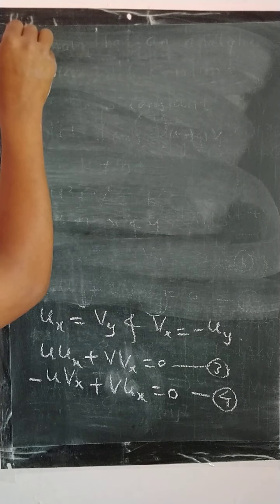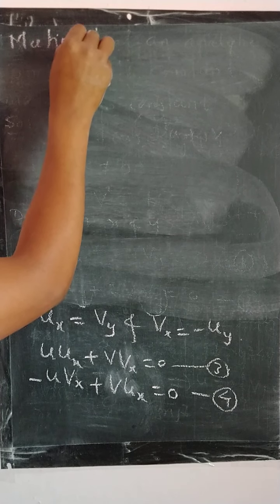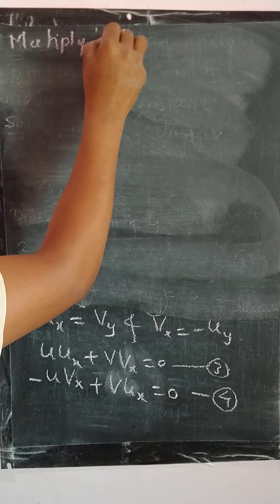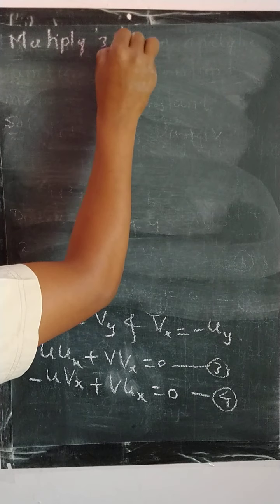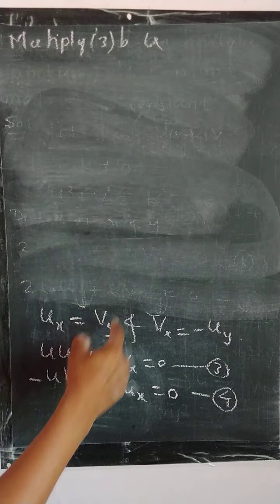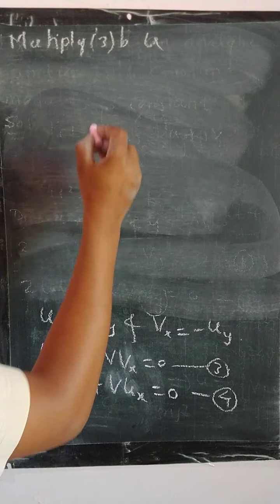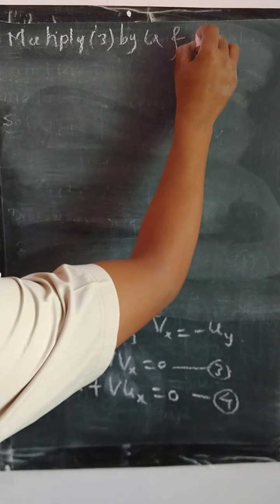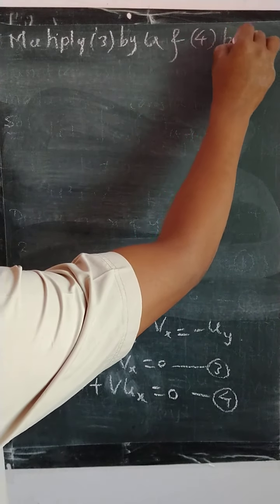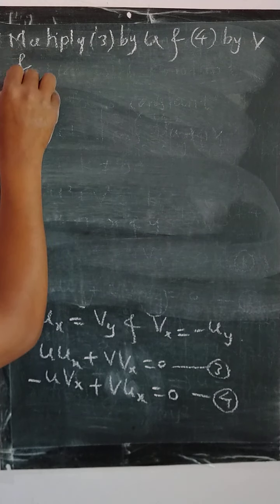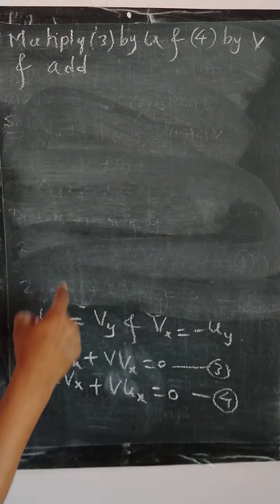Multiply equation 3 by u, and equation 4 by v, and add. So what will I get?